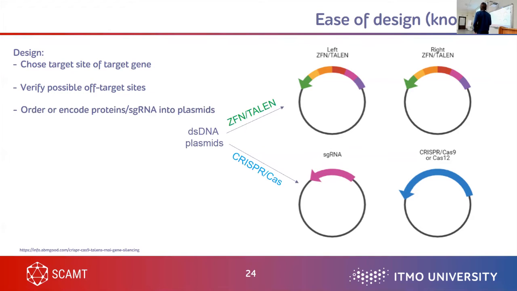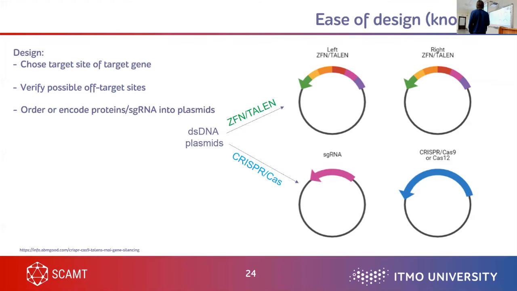And this way we decide to order or encode proteins or single guide RNA into the plasmids. As you can see, we need to use two plasmids for zinc fingers or TALENs because, as I said before, zinc fingers and TALENs work only in pairs.